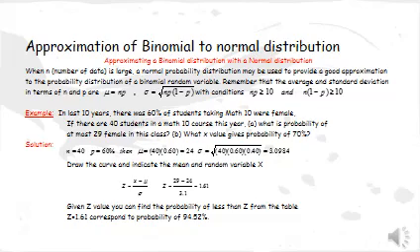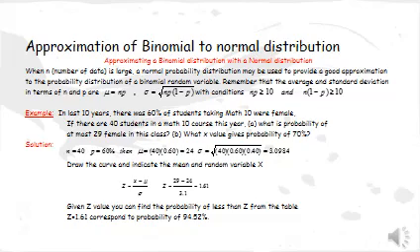Remember that the average and the standard deviation in terms of n and p: our mu is equal to n times p. Sigma is equal to the square root of n times p multiplied by 1 minus p, with conditions that n times p is greater than 10 and n times 1 minus p is greater than 10.